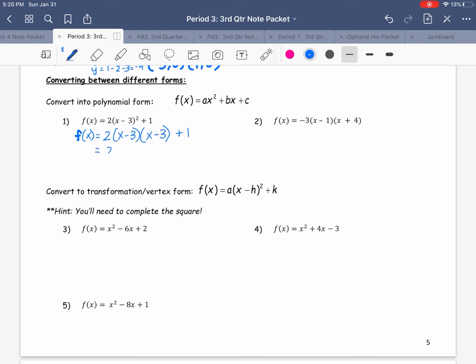And then I'm going to FOIL it. I'm going to deal with the 2 when I'm done. So when I FOIL this, outer, inner, just FOIL it out. Distribute the 2. And just simplify everything when you're done.